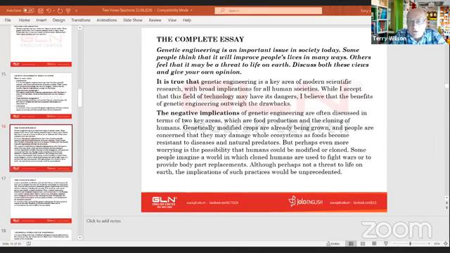And then I go on to explain about genetically modified crops, or sometimes called GM crops, and their impact on ecosystems, so that means the environment.